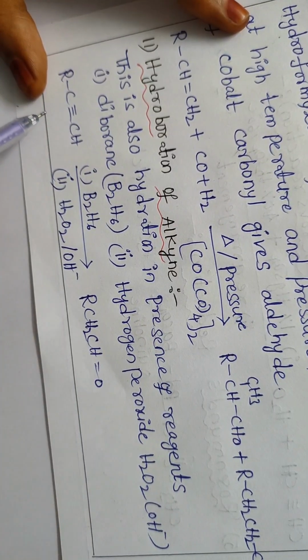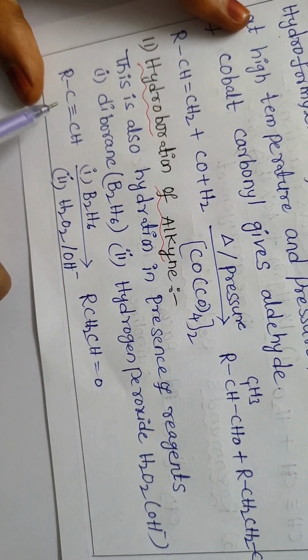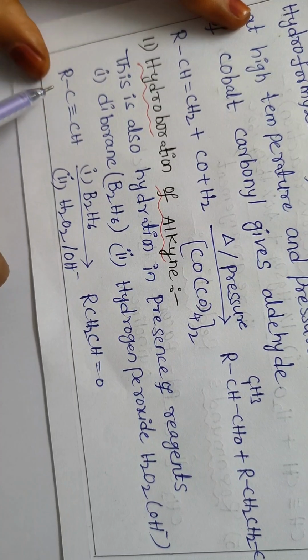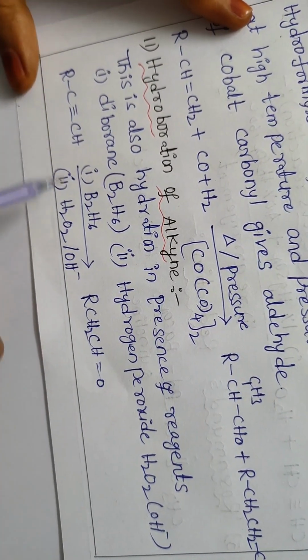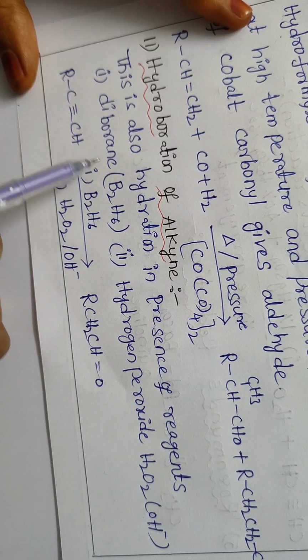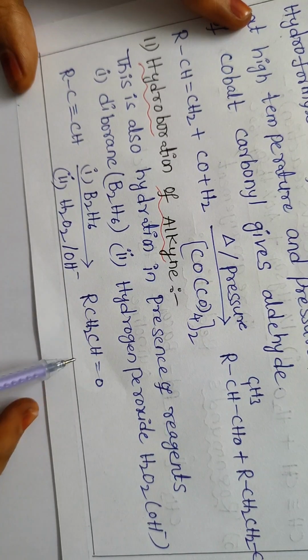Alkynes, with a triple bond present, are hydrocarbons. Alkyl derivatives of alkynes react with diborane and hydrogen peroxide to form acetaldehyde derivatives.